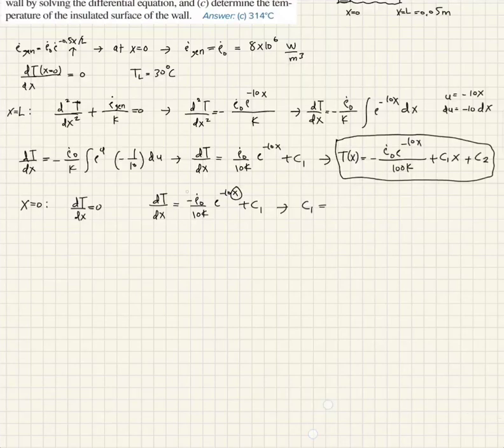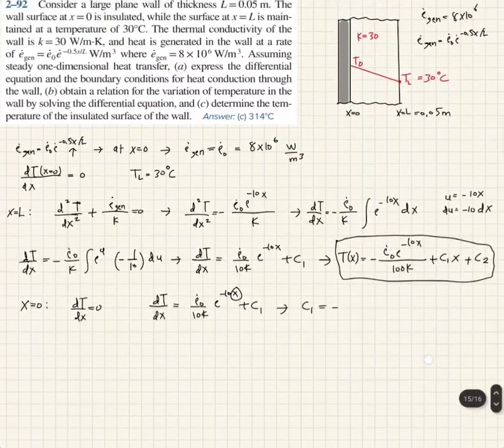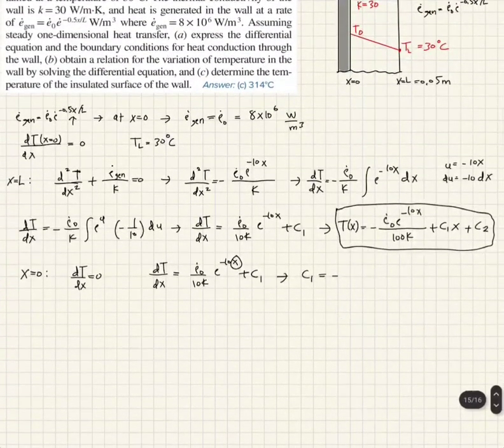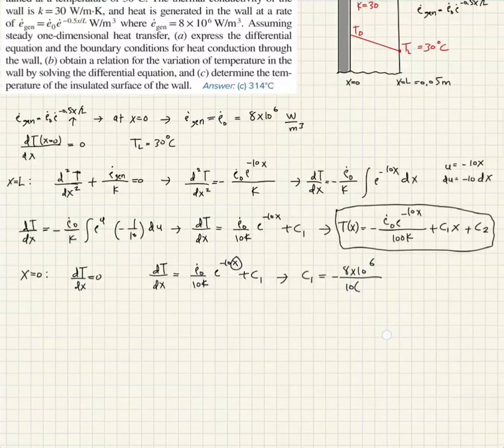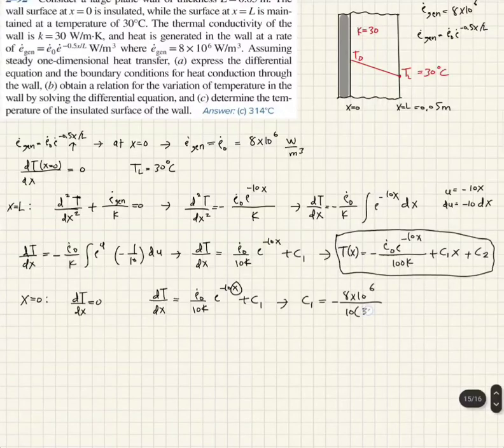Hold on, never mind, it's not a negative. So C1 is negative E dot 0, which is 8 times 10 to the 6, divided by 10k, which is 30, and this gives us a C1 value of negative 26,667.